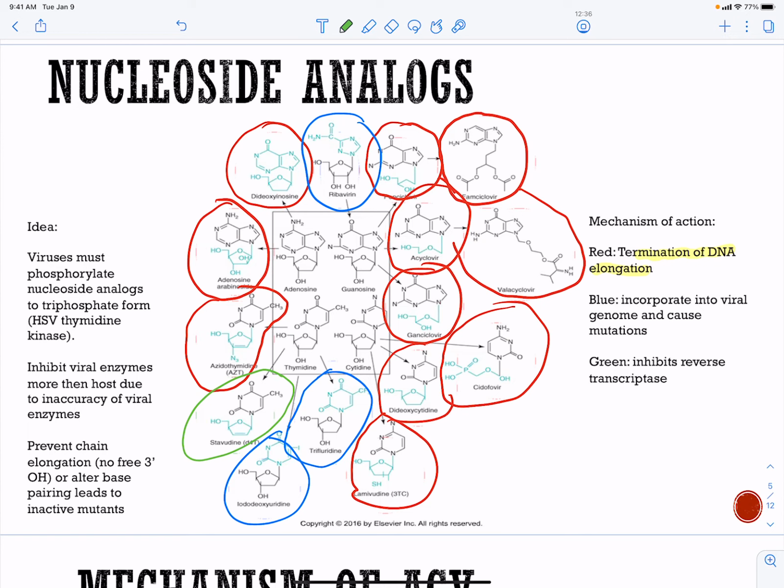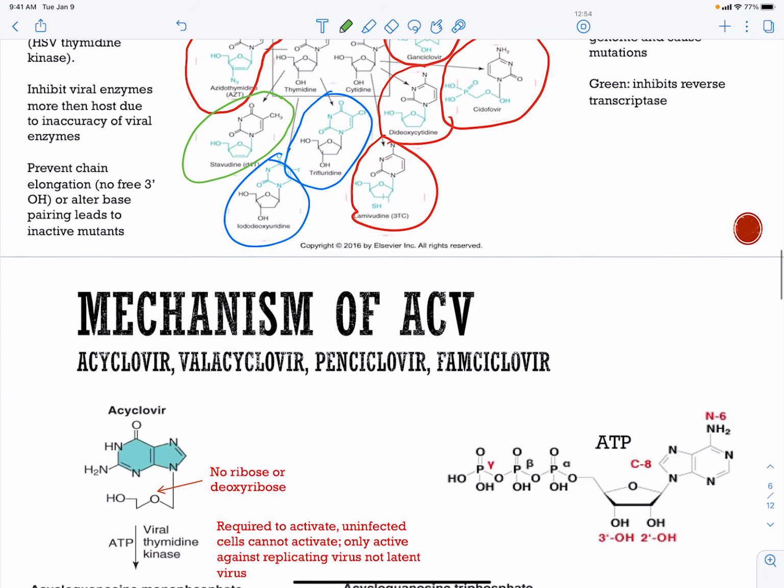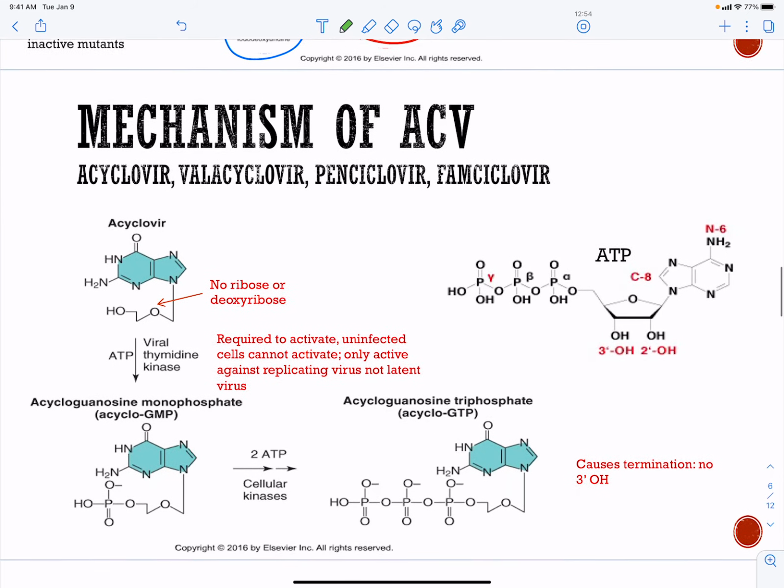Now you might say that's going to affect us too, because how does the nucleoside know that there's a virus there? Why doesn't it have an effect on the rest of the body? And the answer to that is not as straightforward as possible. For some of them, it is very straightforward. So for some of them, you have a very clear reaction, and acyclovir is an example of that.